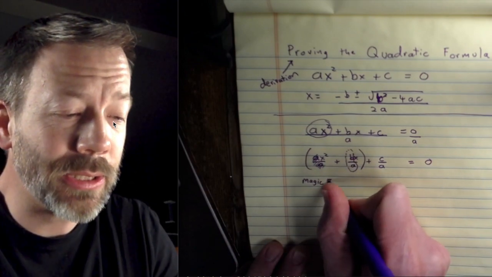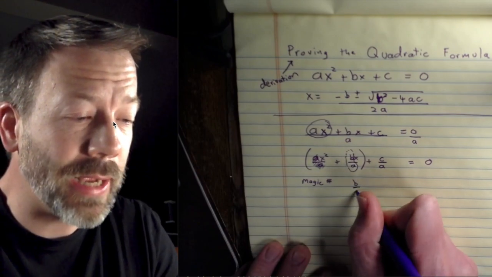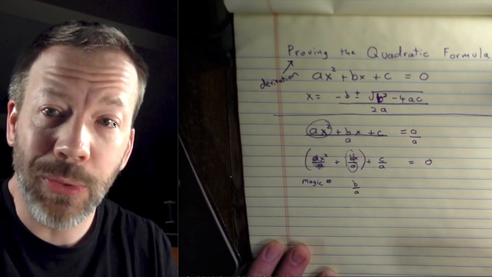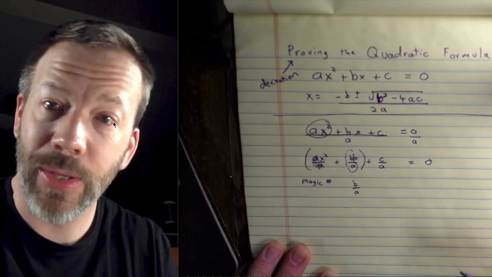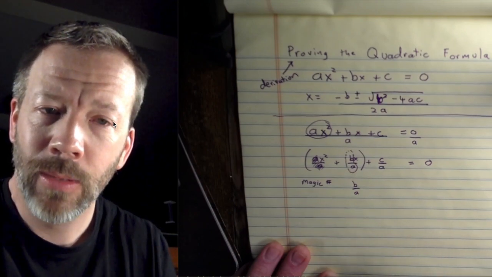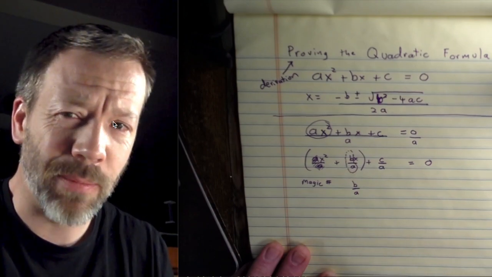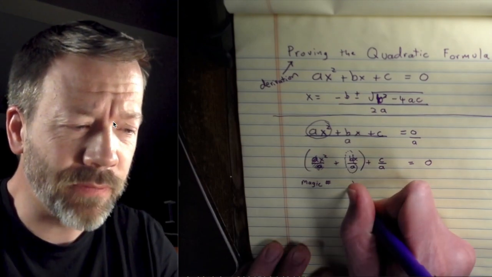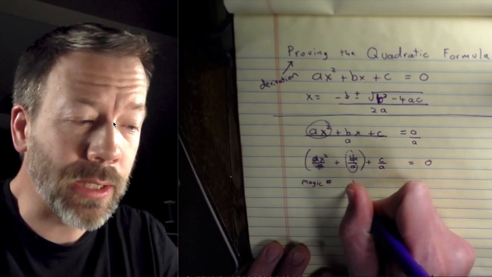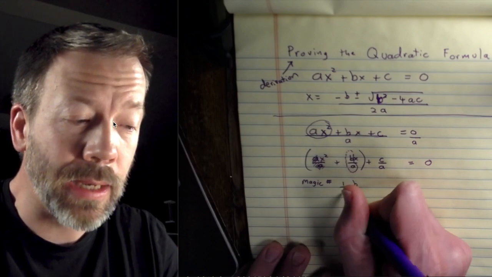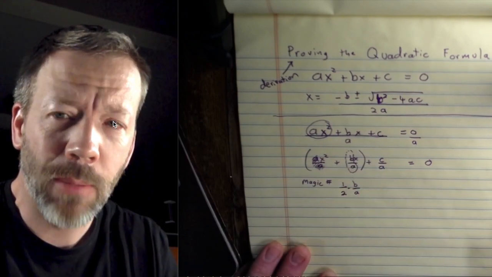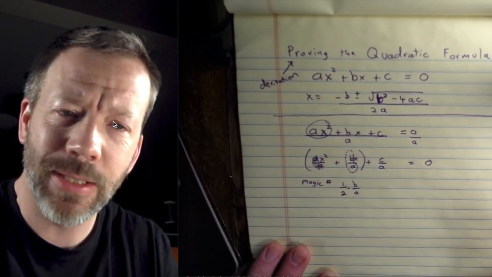So that magic number is, we've got to take that coefficient b over a. We need to cut it in half and then square it. Normally if you cut something in half, you can divide it by 2. But if that's uncomfortable or awkward, if you want to cut something in half, you can also multiply it by 1/2. Multiplying by 1/2 is the same thing as dividing by 2.